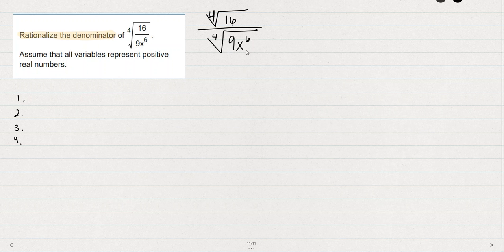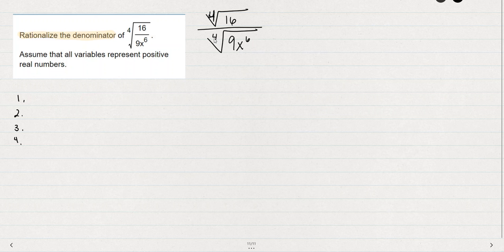The first step, however, if you're thinking, oh, what's the list of steps, is to understand what we would need to multiply this 9x to the 6th times to be able to get rid of this radical. So the goal of rationalizing the denominator is to have an expression where it could be rational, or in other words, written as a fraction. That's okay. We can have a denominator, but what we want is to not have a radical in the denominator.